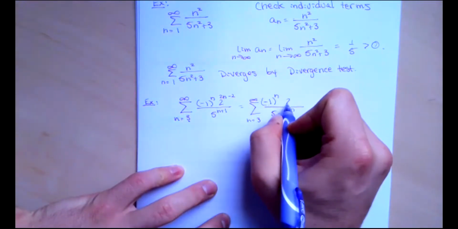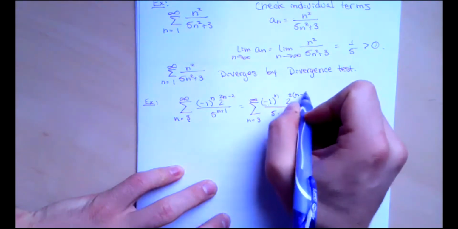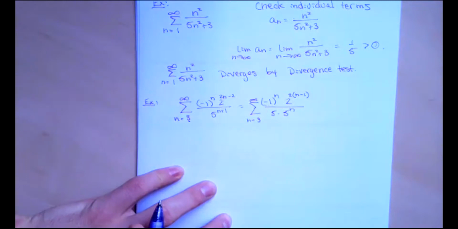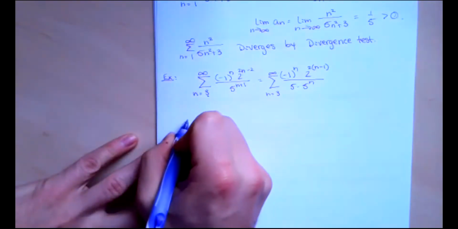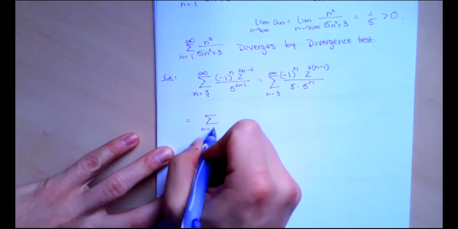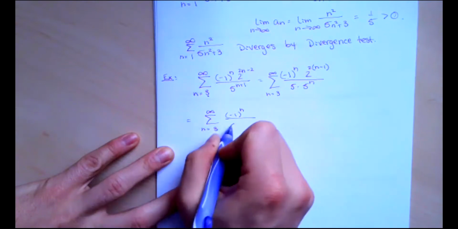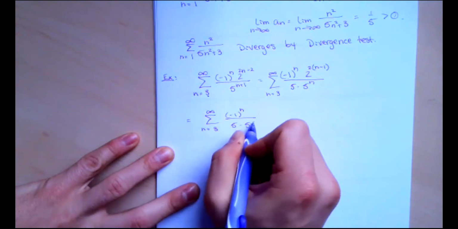So we're going to have this as 2, and then in the exponent, we're going to factor out that 2. We're starting at n equals 3 to infinity, minus 1 to the n. I've still got the 5 times 5 to the n.